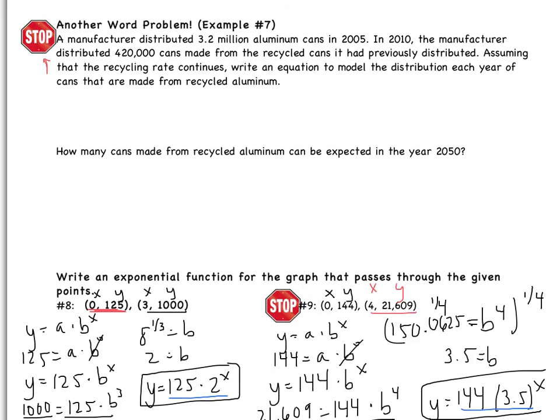In 2010, the manufacturer distributed 420,000 cans. So you're given 3.2 million and 420,000. Don't use the number 3.2 in your equation. 3.2 million looks like that, so make sure you use that number instead of 3.2 in your equation. Good luck.